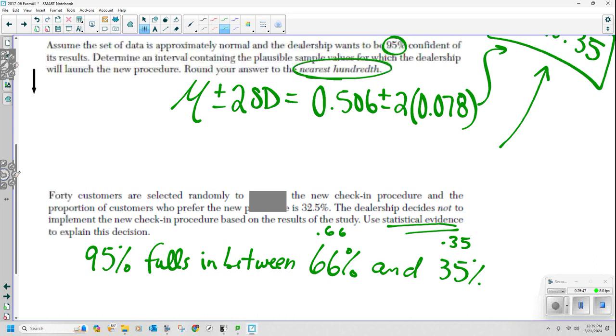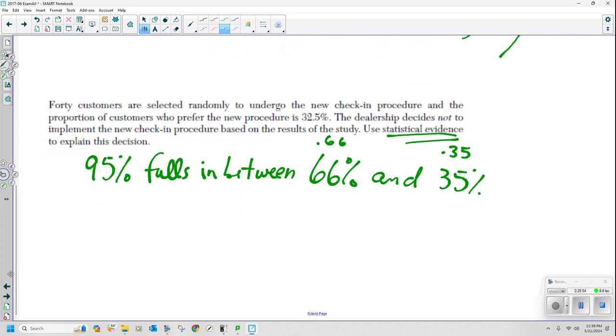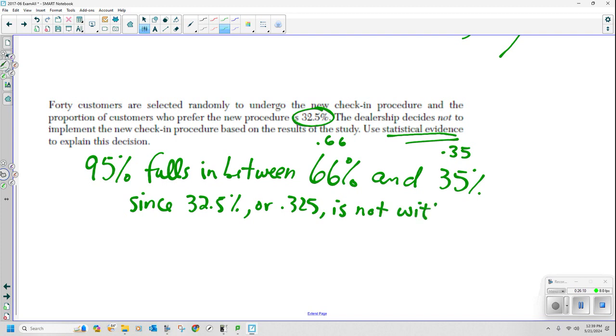Okay, so why is a dealership deciding not to do this? Because 32.5% or 0.325 is not within our 95%.